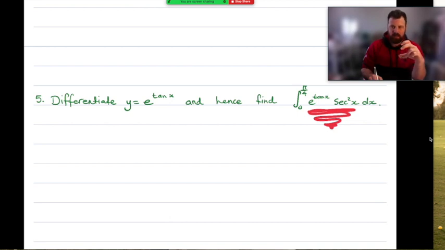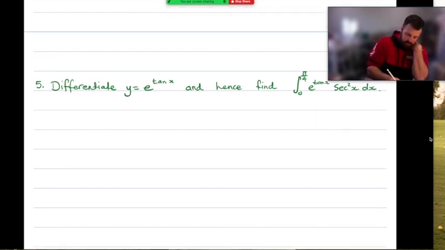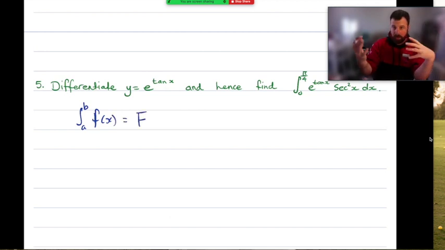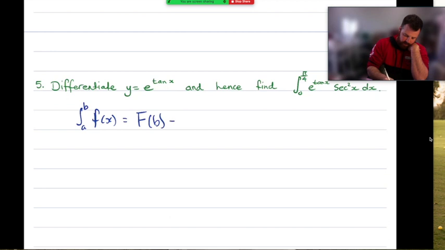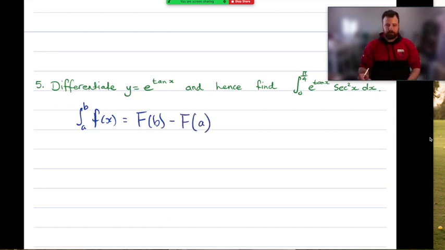Because it's going to look identical to this, remember that integration, so finding the area or evaluating, goes back to the fundamental theorem of calculus: the integral between a and b of some function is equal to the primitive, capital F, evaluated at b minus the primitive evaluated at a.